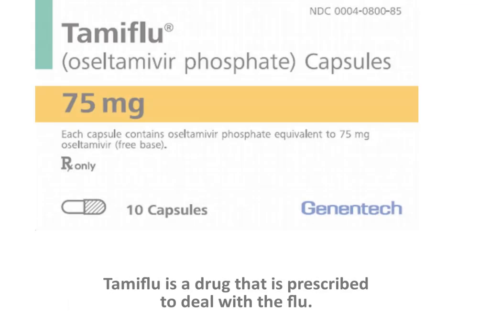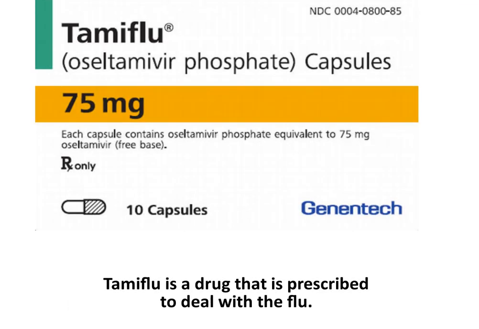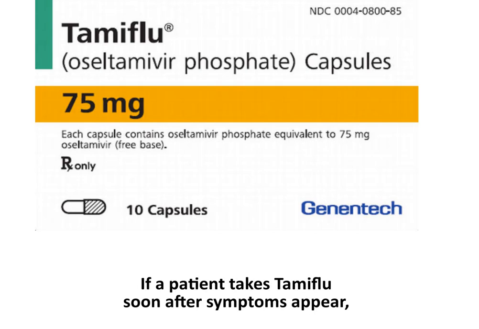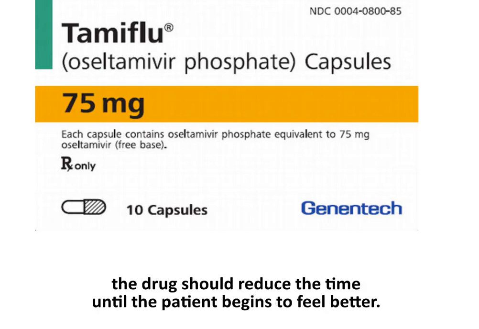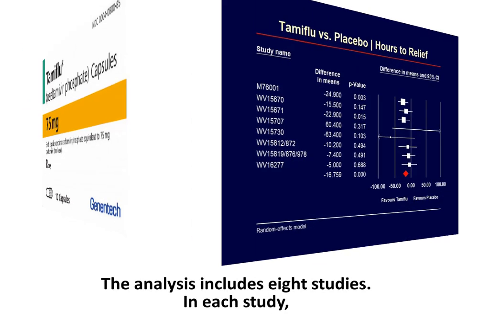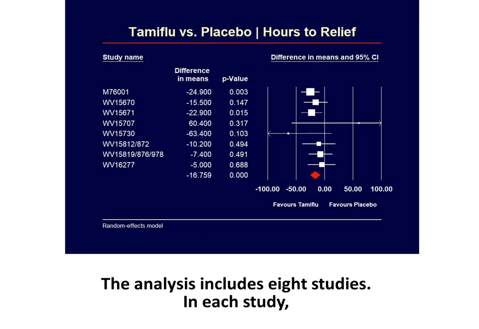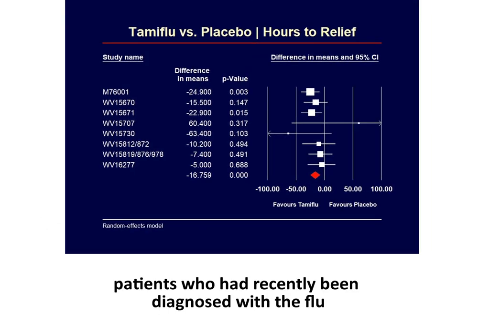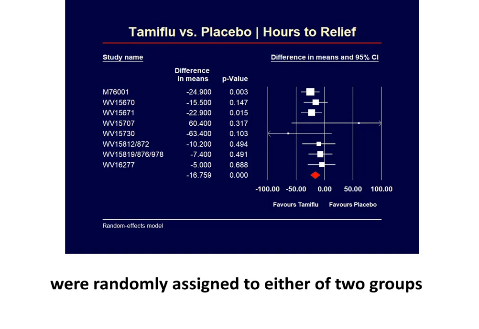Tamiflu is a drug that's prescribed to deal with the flu. If a patient takes Tamiflu soon after symptoms appear, the drug should reduce the time until the patient begins to feel better. The analysis includes 8 studies. In each study, patients who had recently been diagnosed with the flu were randomly assigned to either of 2 groups.